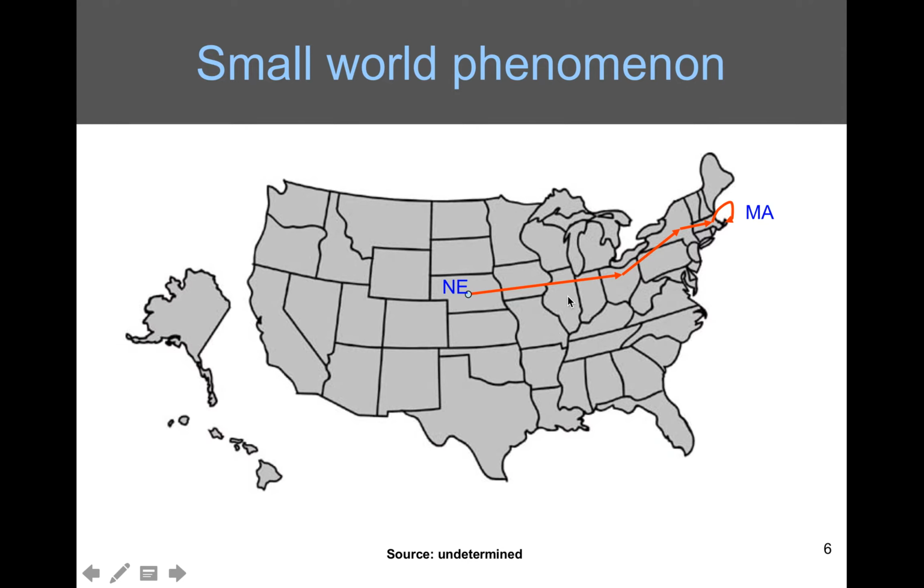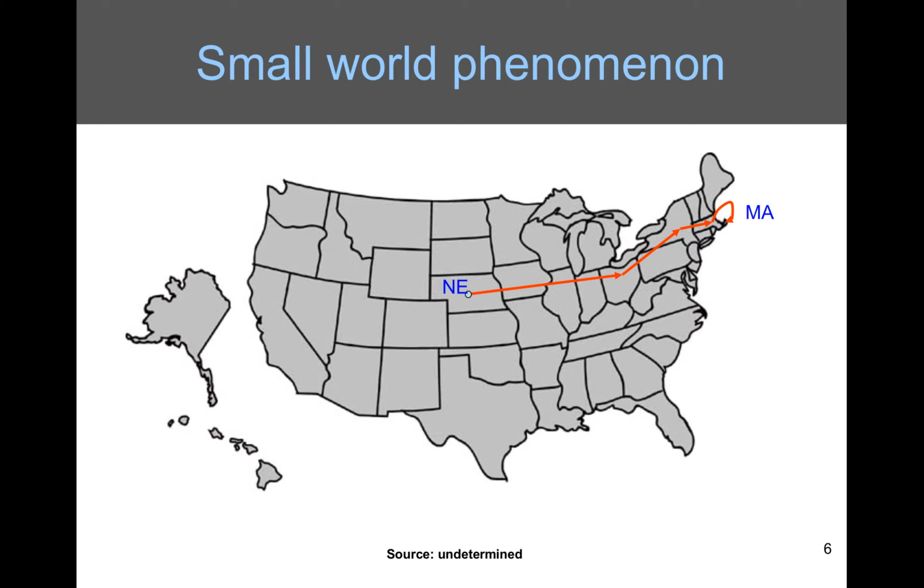And these were real, actual snail mail letters, right? Then he tracked how many letters reached their intended destinations and how many steps they took. Of course, many letters did not reach their destinations because it is really difficult to predict who to send it to.